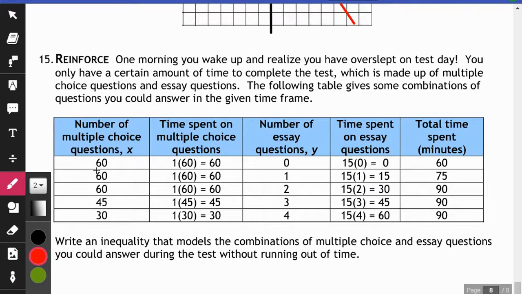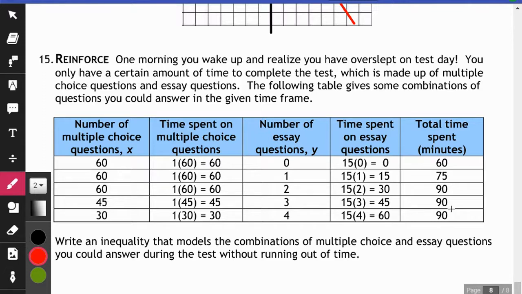You could do 60 multiple choice and no essay questions, and it would take 60 minutes because each multiple choice seems to take 1 minute. Or you could do 60 of these and one essay question. An essay question takes 15 minutes. Looks like we can't go over 90 minutes though, can we?